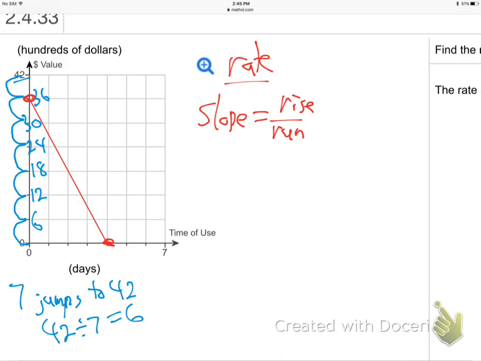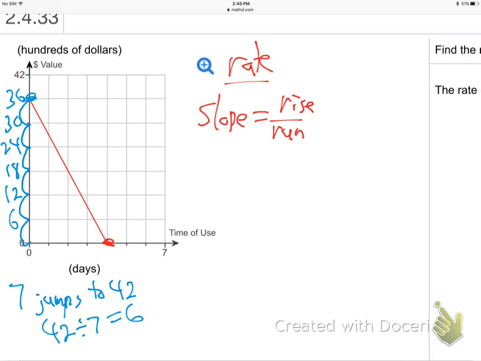Okay, so what? Well, I gotta do slope now. Let me put these back on. This is 36, 30, 24, 18, 12, 6. Okay, so starting from right here, it's 1, 2, 3, 4, 5, 6, but it's not 6. That's bad counting. It's 6, 12, 18, right? It's down 36, really.